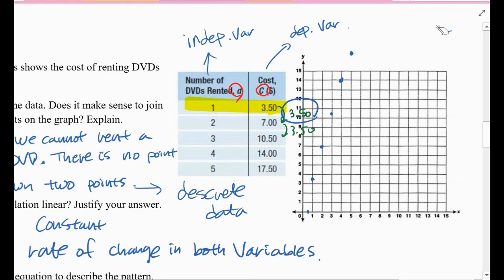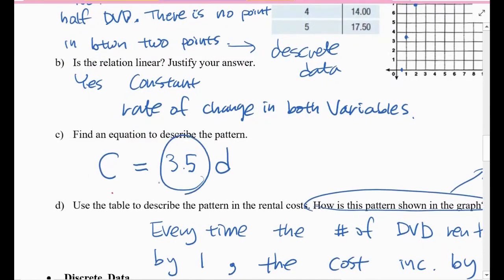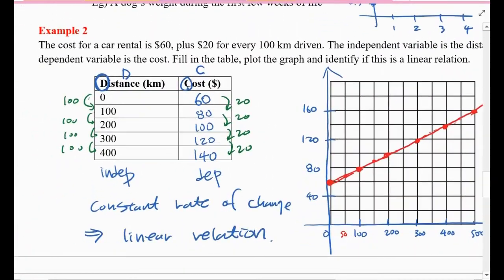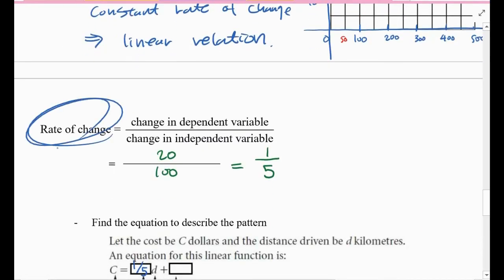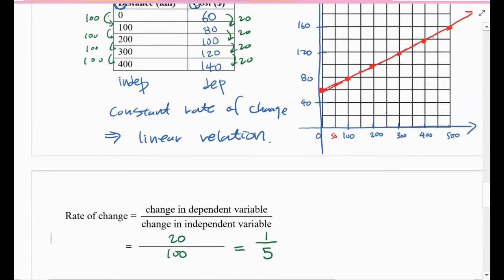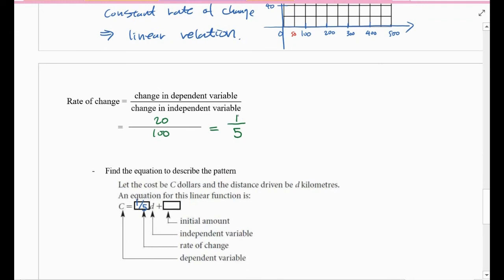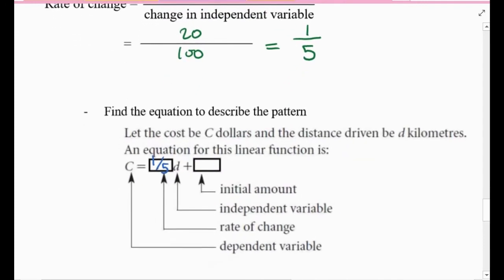So we use the 3.5 to make an equation. But we actually need to use the rate of change. And the rate of change, you find using this formula. Change in dependent variable over independent variable, which is 20 over 100. If you reduce it, it is 1 over 5. And you write down 1 over 5 over here.